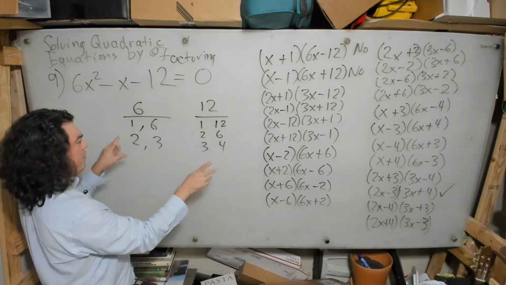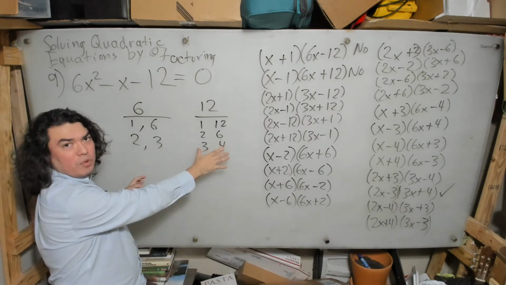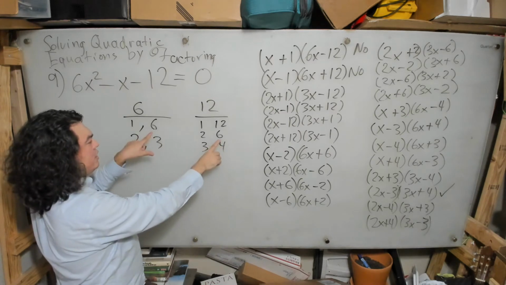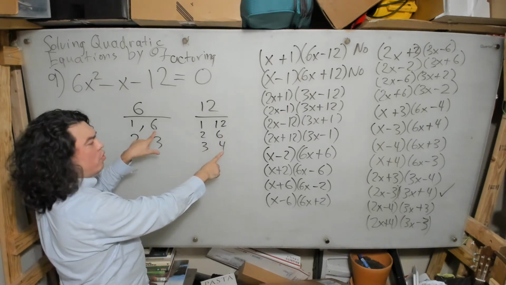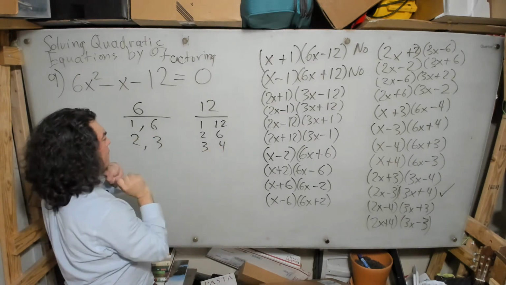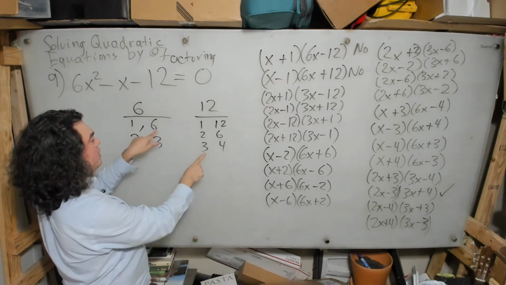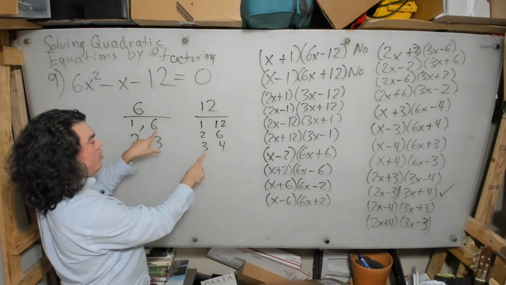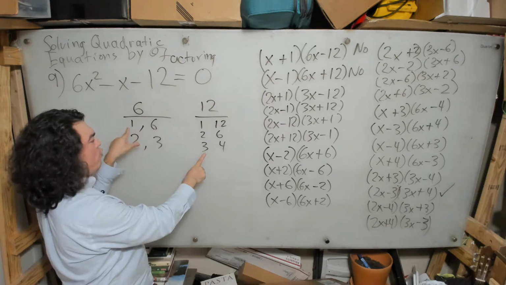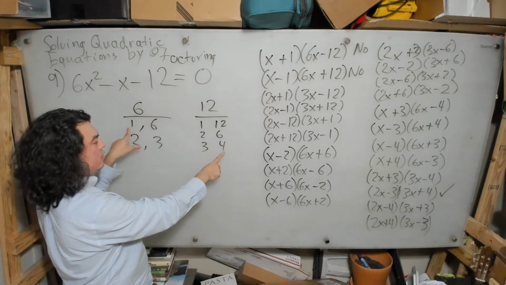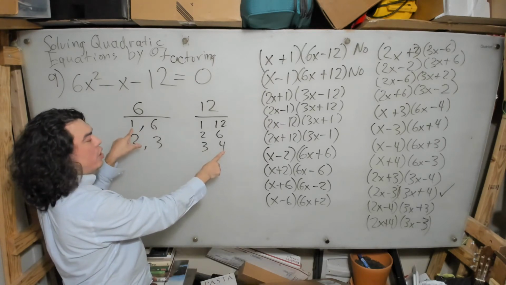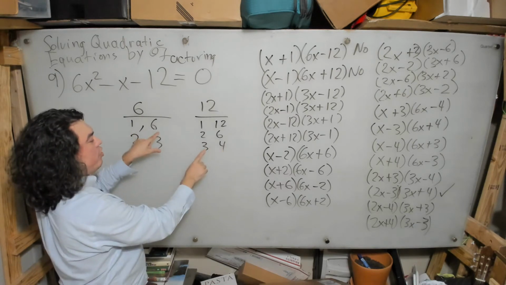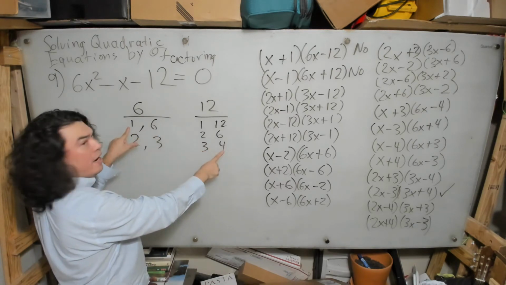Let me just verify that. Again, one of these is positive, one of these is negative. So 6x times 3 would be 18x, and here you have 18x and 4x.